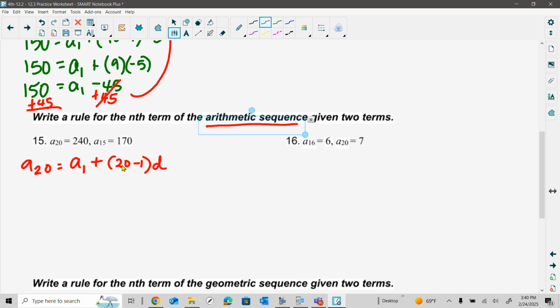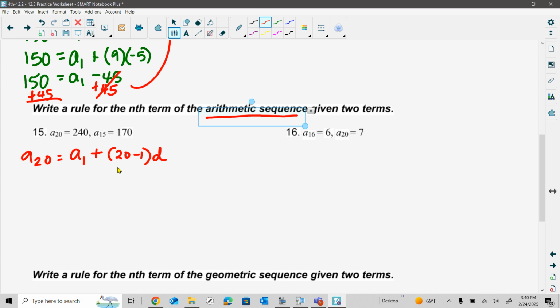So I'm going to simplify this. I know this would be 240 here, really. I'm just substituting that. Equals a sub 1 plus 19 times d. So I'm just going to make that 19d. So this is our equation for the 20th term.